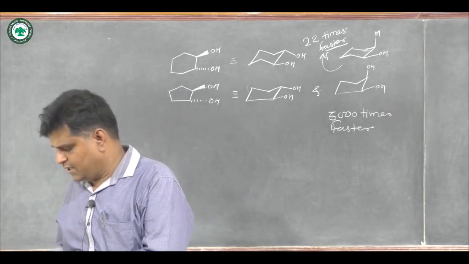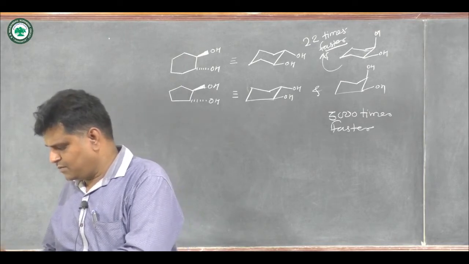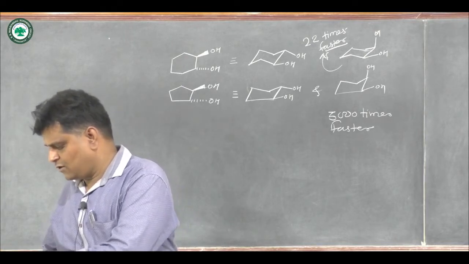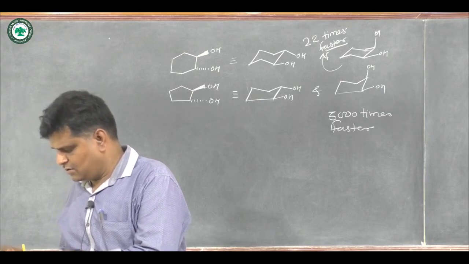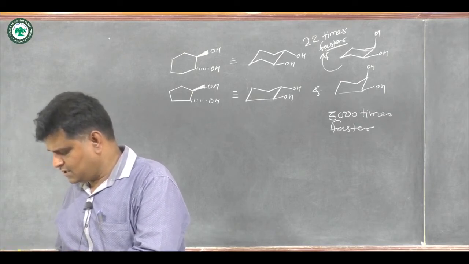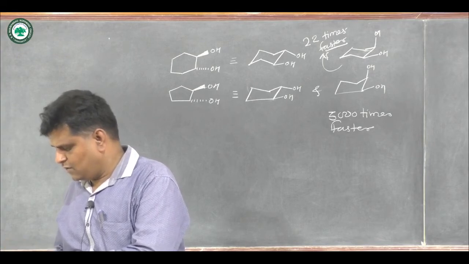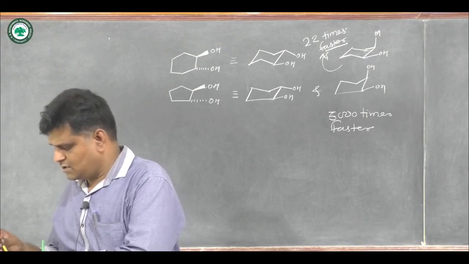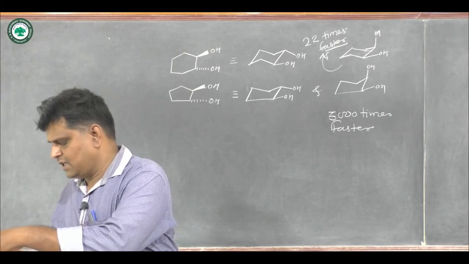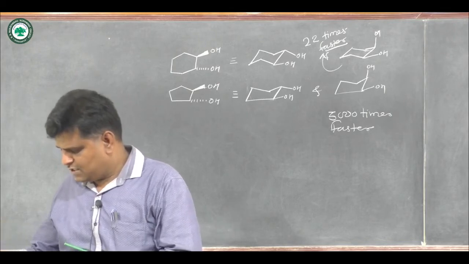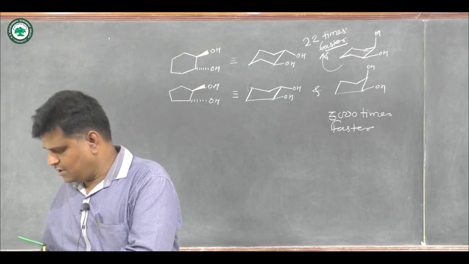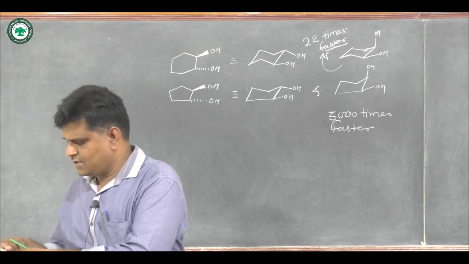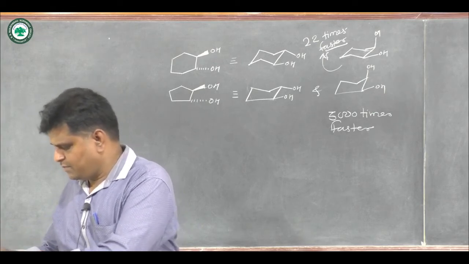Suppose here we make one model of cyclohexane and of cyclopentane. Now first we try to make a model of the 6-membered ring, and here you see this is a 6-membered ring.